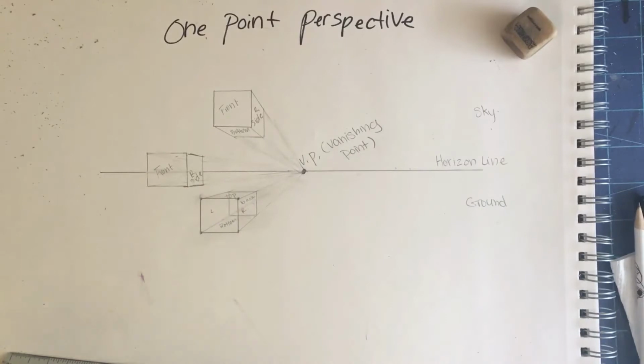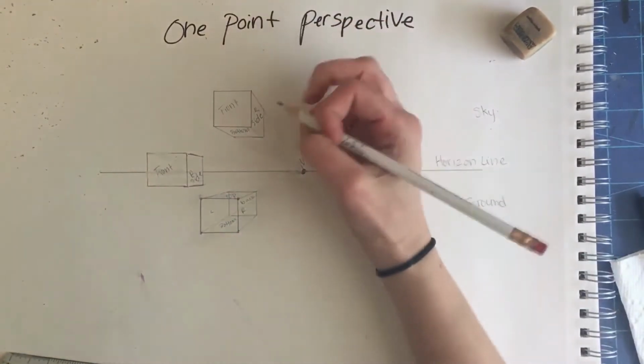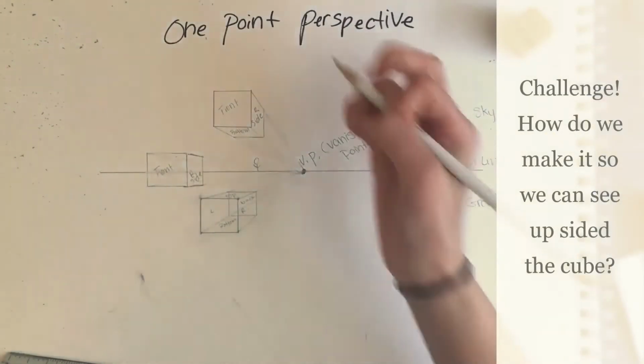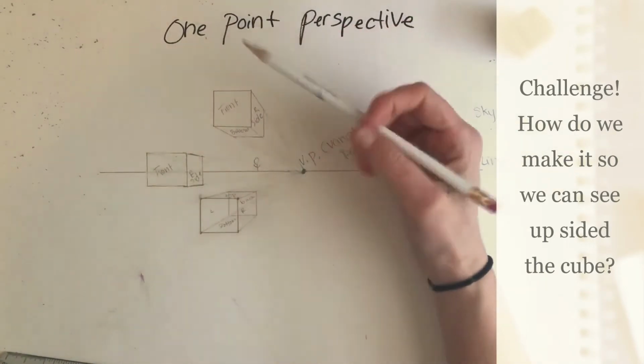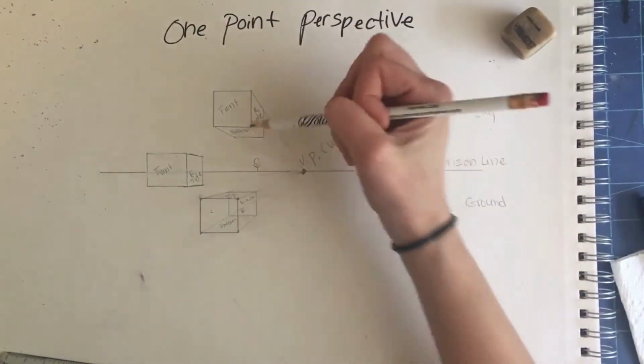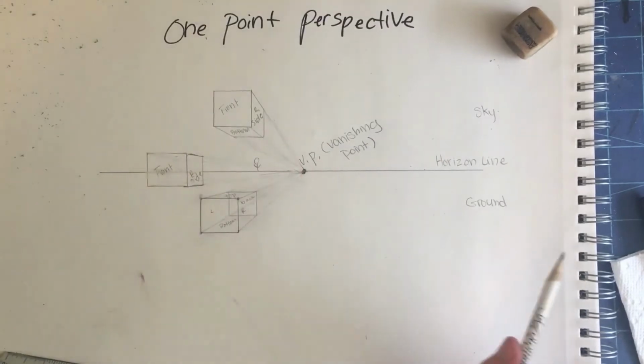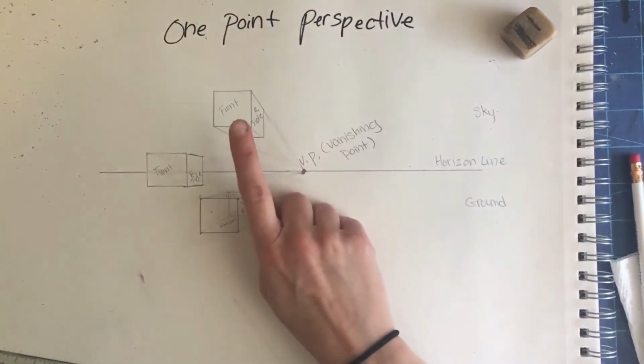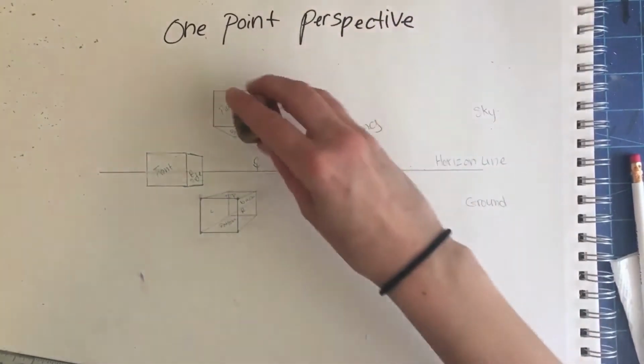All right, so challenge here. I have this cube. If I have a little person standing right here, and this person is looking underneath this box, but they can see up into that box, how would I create that box to look like it was open on the bottom?